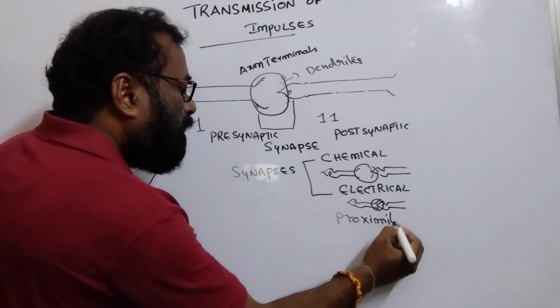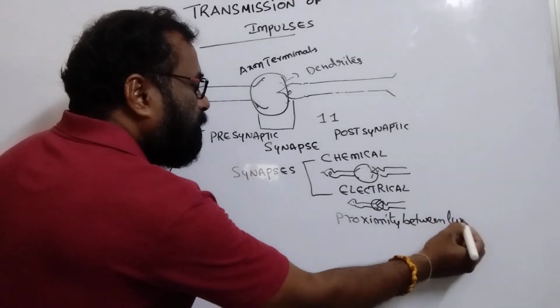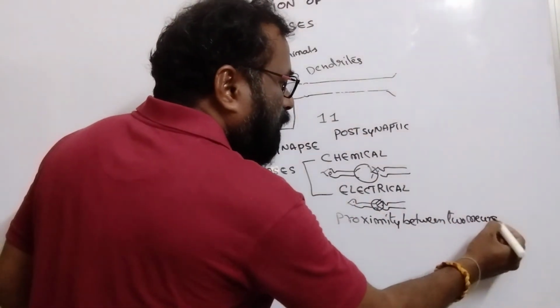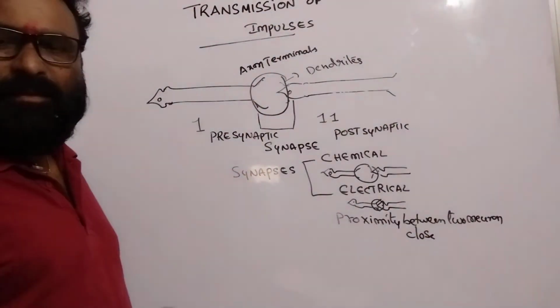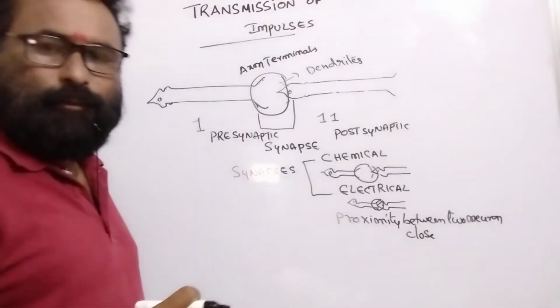In a chemical synapse, the proximity between the two neurons is not close.